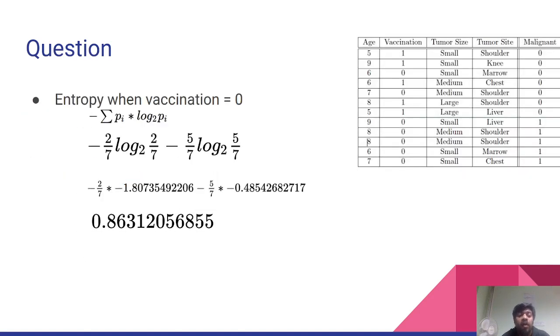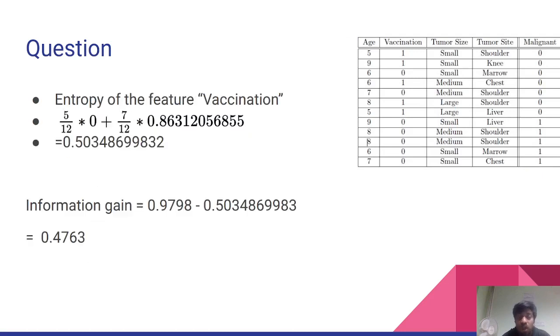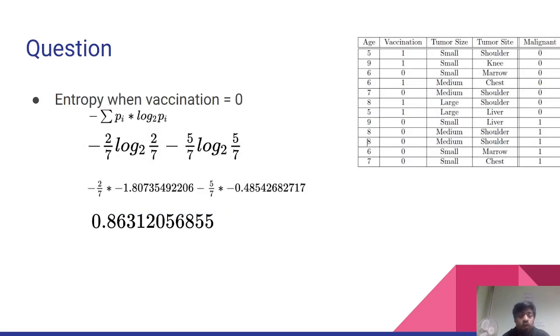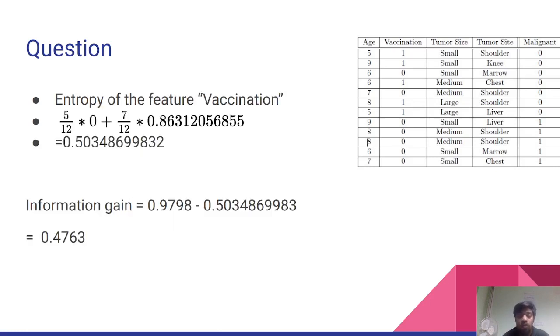I don't even know if this question will come; it may or may not. But you should know that. Suppose instead of 12 examples there are 4 or 5 rows, then you should be able to do it.